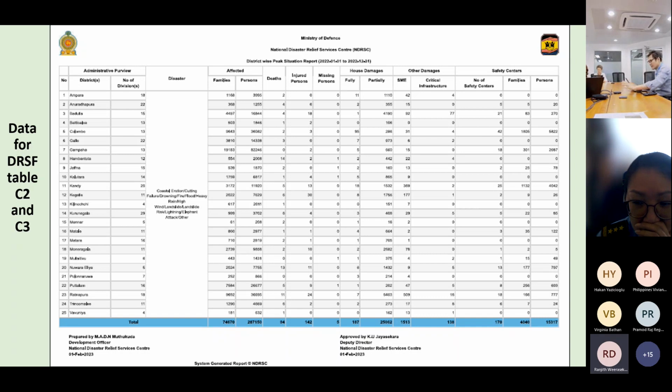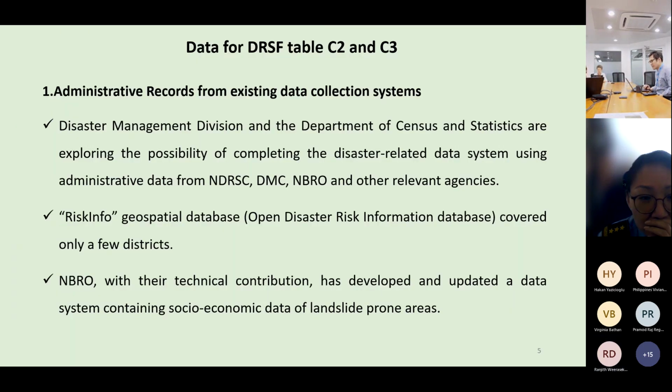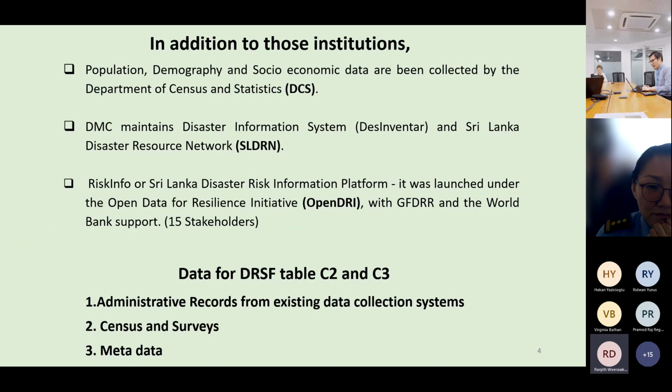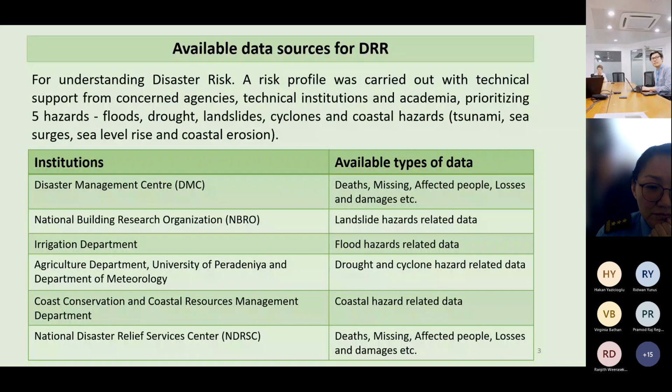So Ranjit, are you referring to the slide that says data for the DRSF table C2 and C3 on administrative records? Yeah, but no, before that. You want to see the slide available data sources for DRR? Oh, okay. It's this one. Yes, yes. Okay.